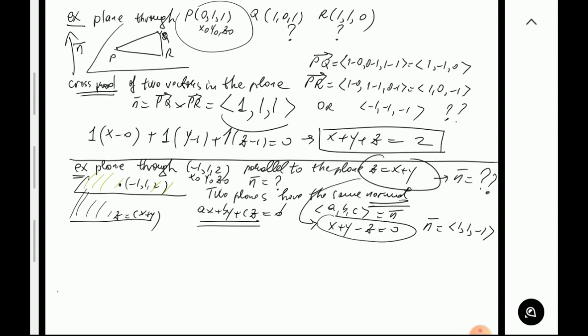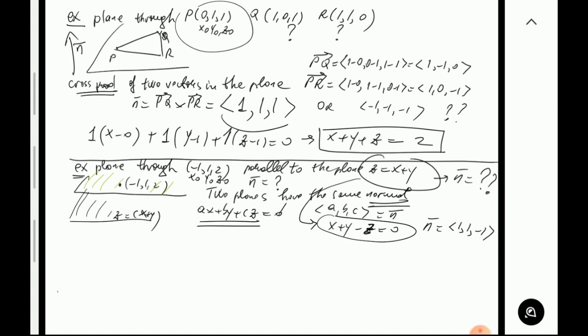I hope you guys appreciate how efficient these techniques are, because once you know the meaning of the formula, you can quickly obtain these important quantities just by reading the important information from the equation at hand. Okay, so 1, 1, negative 1 is the normal that I can use.